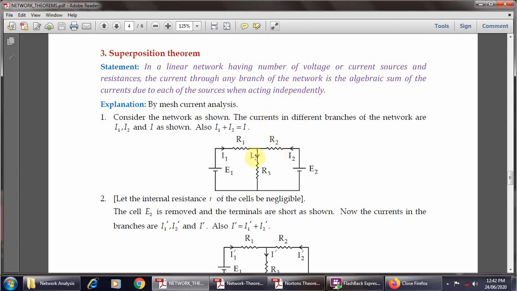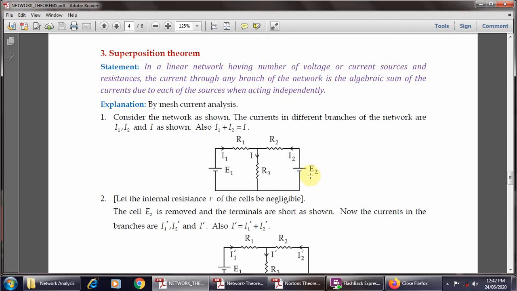Then we prove it. Suppose this circuit is given, and we analyze this circuit using mesh current analysis. Consider the network shown here. Here is the voltage source E1 and voltage source E2. Due to the voltage source E1 the current flowing through the circuit is I1.